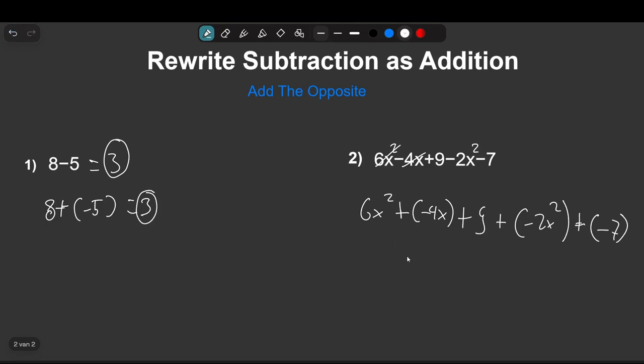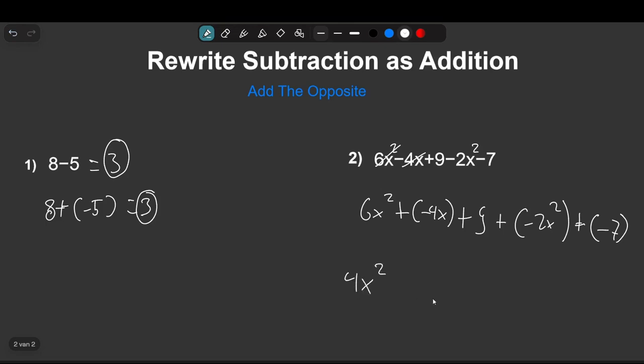Now we're not going to solve this, but we're going to simplify it even further so you can see why this makes it much easier. We're going to combine like terms. We're going to see what we can combine and then rewrite it again. We're going to do 6x squared minus 2x squared. This will give us 4x squared.